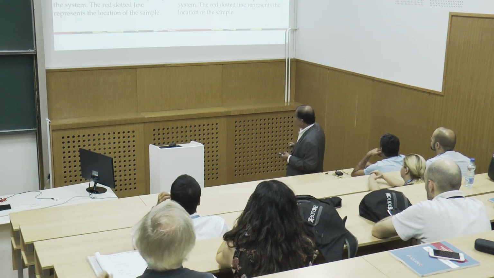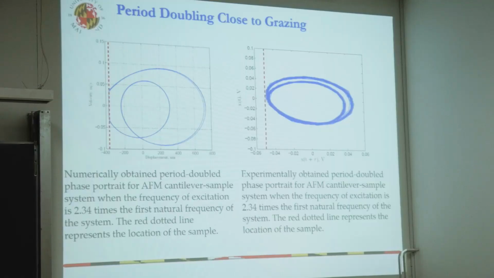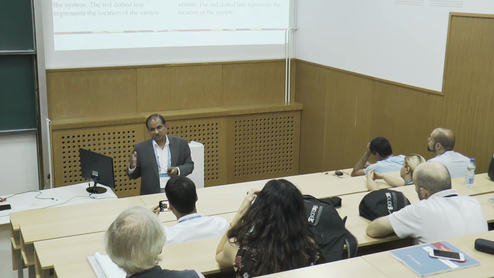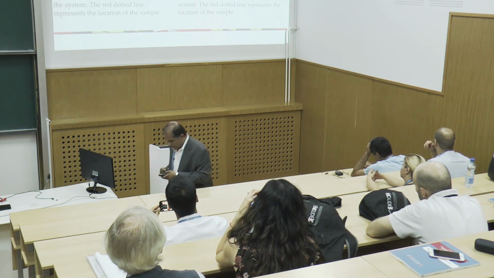Close to grazing contact, from just a little past grazing contact, the simulations predict that I have a period doubling in the system. That's your boundary at which it grazes and comes back. And that's a corresponding experimentally observed response. In this case, the excitation frequency is not at the first bending frequency of the cantilever, which is typically common in AFM operations, but rather somewhere between the first and the second natural frequencies.